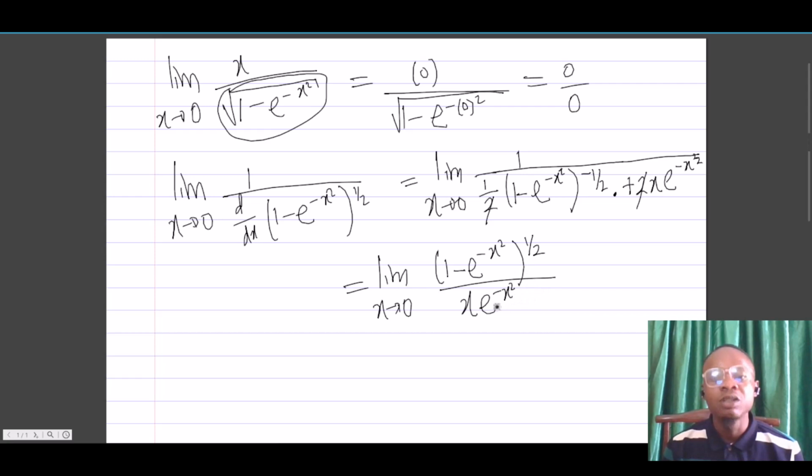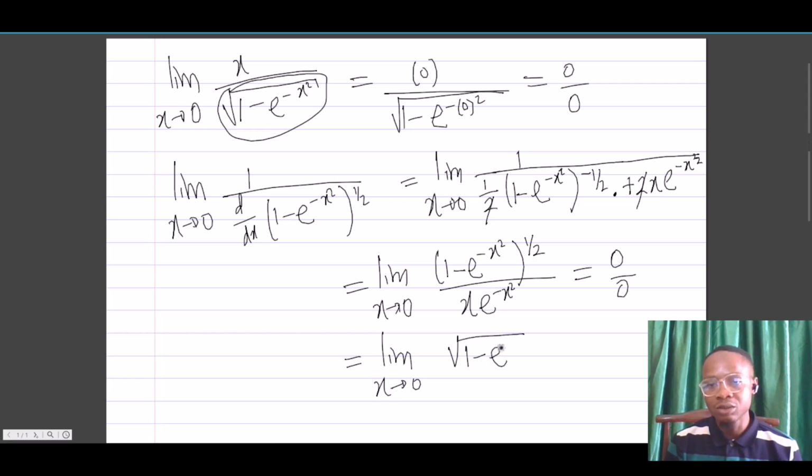Obviously, we have not changed anything, because this is still going to give us 1 minus 1, which is 0, the square root of 0, which is 0. It is still going to give us 0 over 0. If you observe closely, this is the limit as x approaches 0 of roots of 1 minus e to the power minus x squared, divided by x e to the power minus x squared.